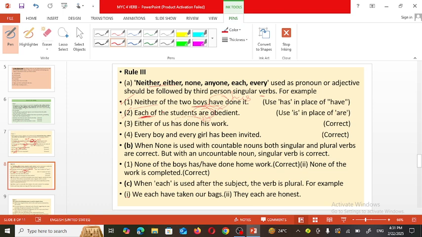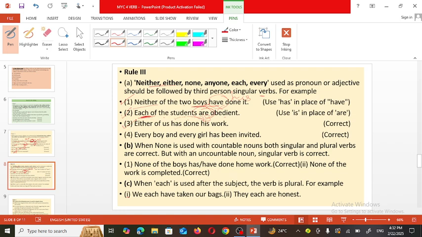Students are obedient, that is a different sentence, and a correct one. But when we say each of the students, it means every student is obedient. So the first and second sentences are wrong, and while correcting, instead of have, has must be used, and instead of are, is must be used.